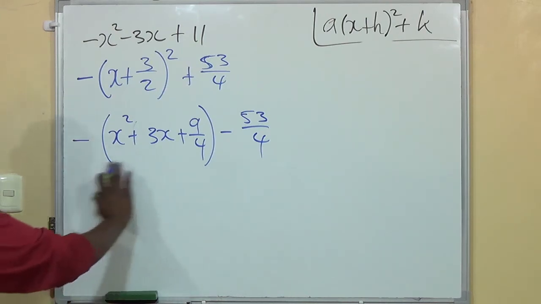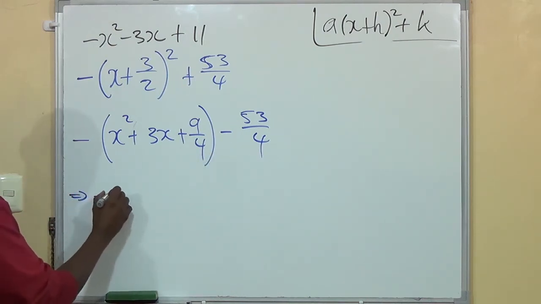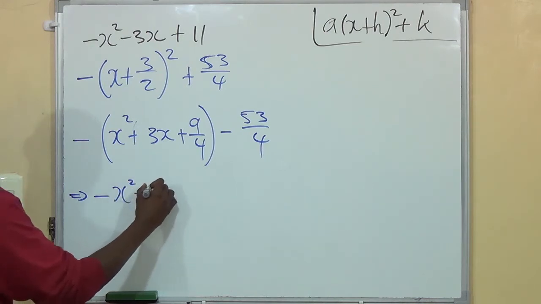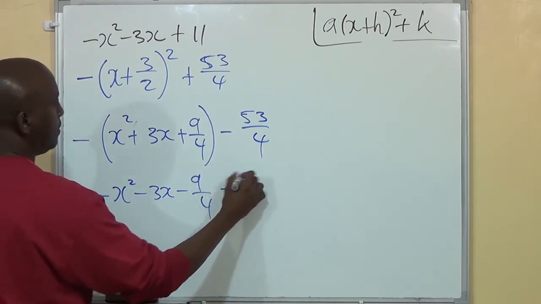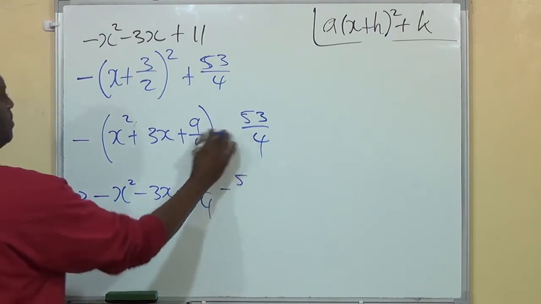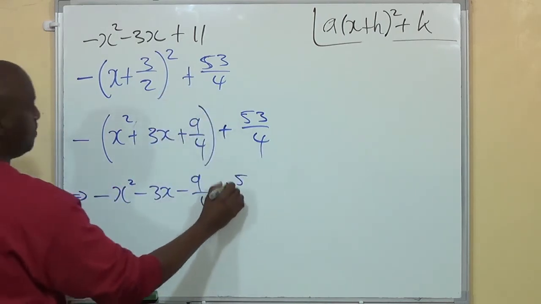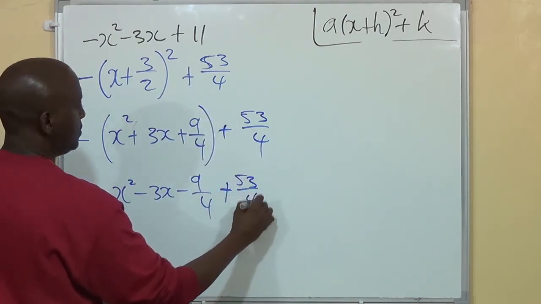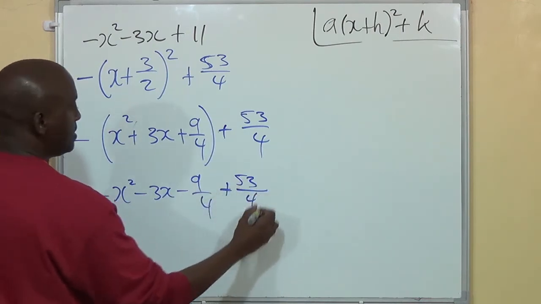Right. So we go through here and multiply by minus 1. So we get minus x squared minus 3x minus 9 over 4 minus... No, this is plus 53 over 4, sorry, my mistake. This would be plus 53 over 4. I was watching it there and something was telling me something was up, but that was the mistake I made.